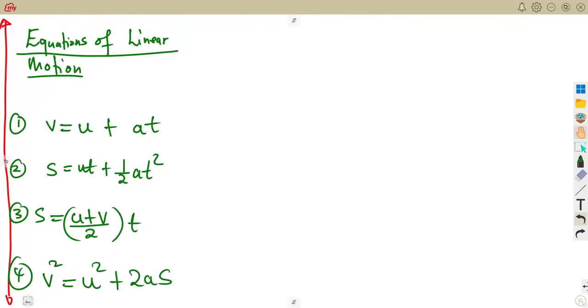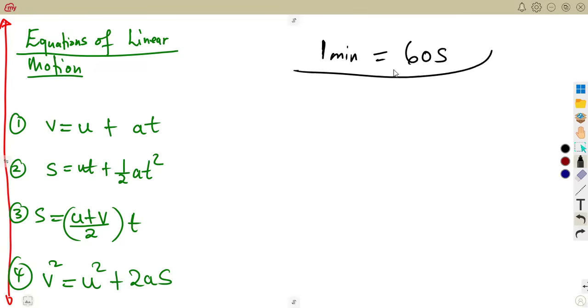Some of you have been asking me, why is it that whenever you are given kilometers per hour, you divide by 3,6? It is just like knowing that 1 minute is equal to 60 seconds. Where did you know it from?